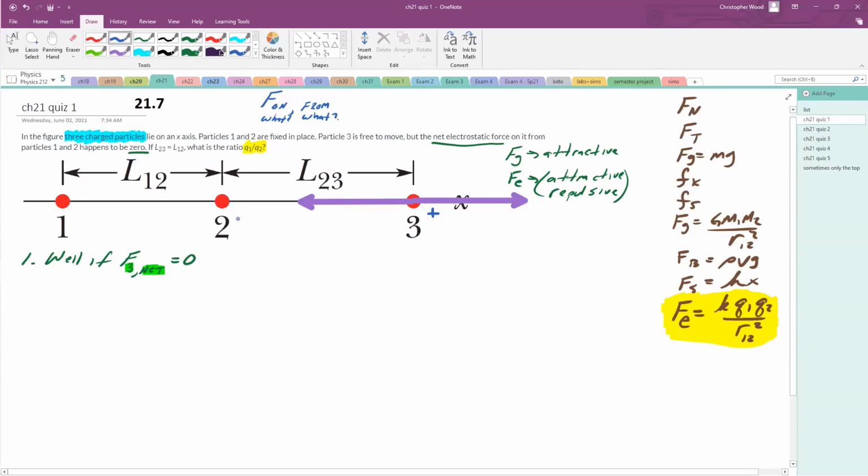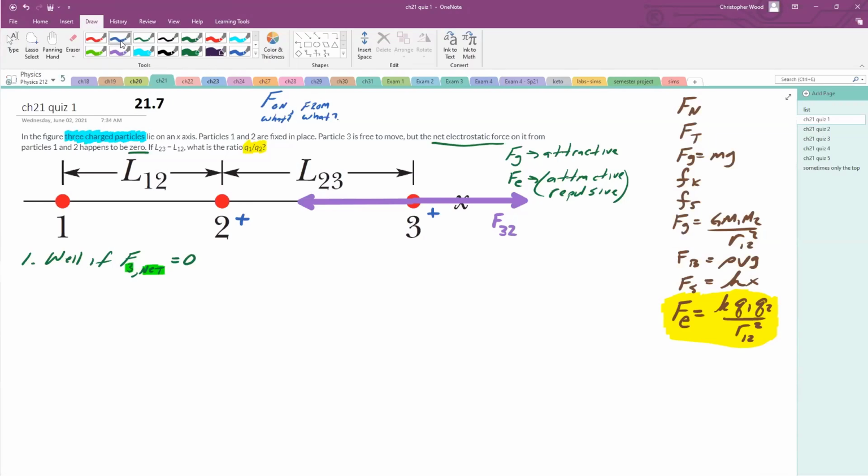So I'm going to go out on a limb again and call particle 2 positive. If particle 2 is positive, then I for sure can label this F on 3 from 2. That I can say with certainty, because if particle 2 and particle 3 are positive, there's a repulsive force.